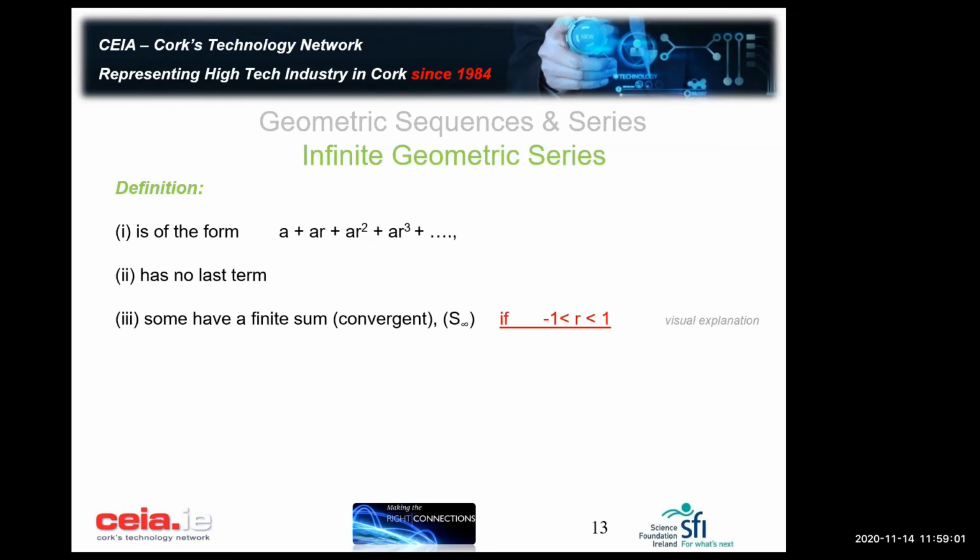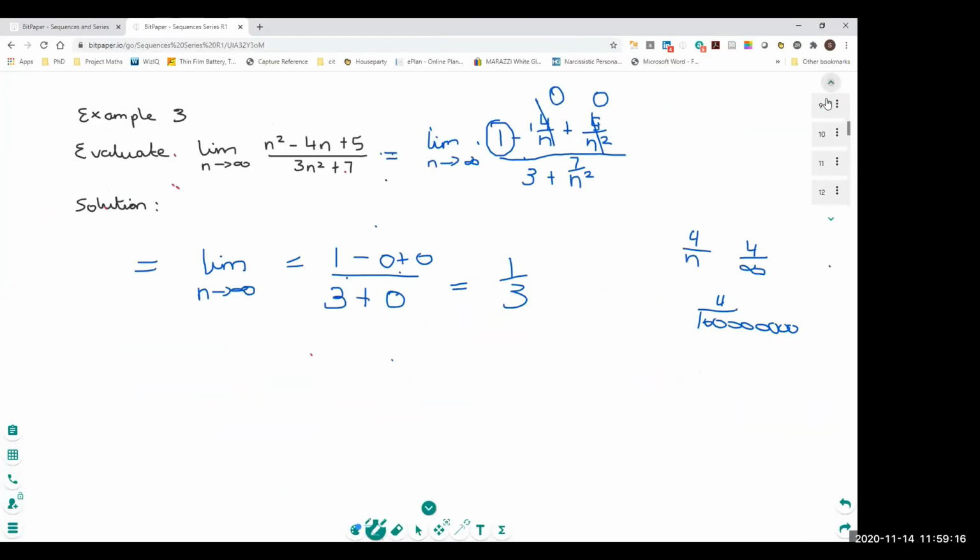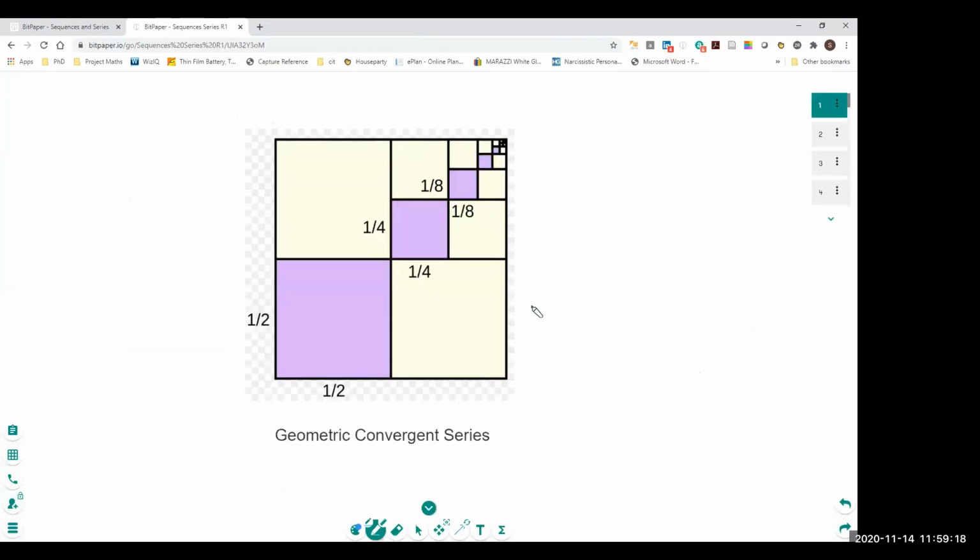I just want to give you a visual explanation of what a convergent series looks like, so you can understand what it means. Here, this is a geometric convergent series.